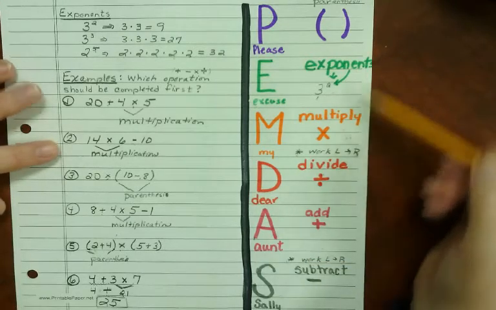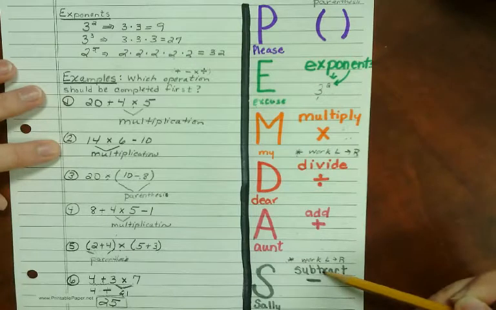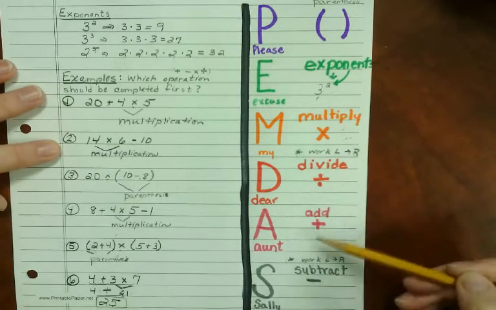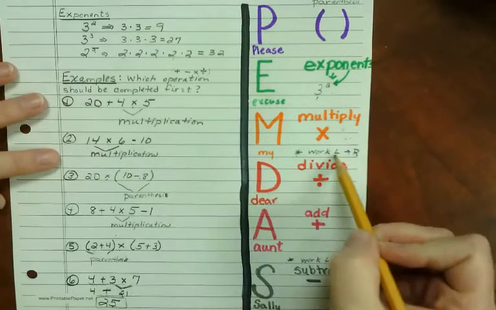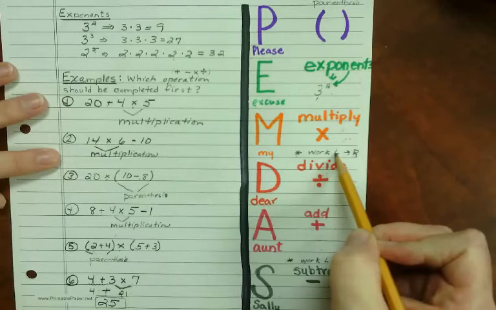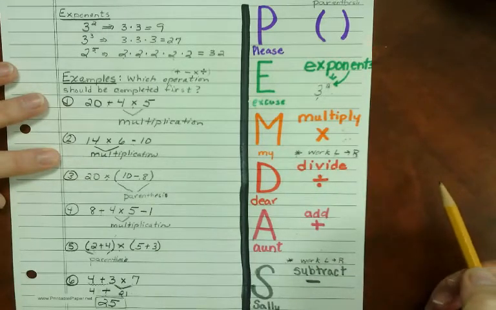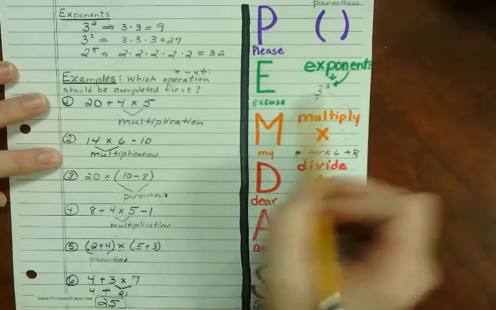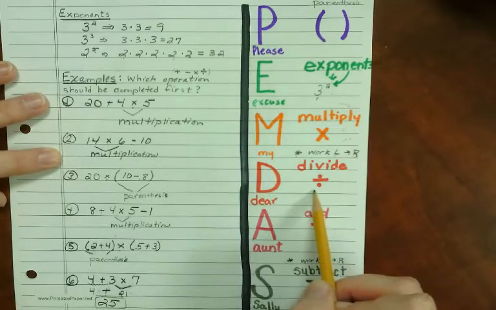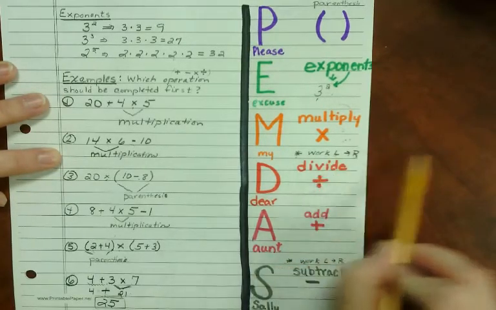Just remember, if you have two parentheses, two exponents, two multiply, two divide, two add, two subtract, you work the one on the left side first, just like you read, left to right. If you have multiplication and division in the same problem, you work the one on the left first and then work on to the right.